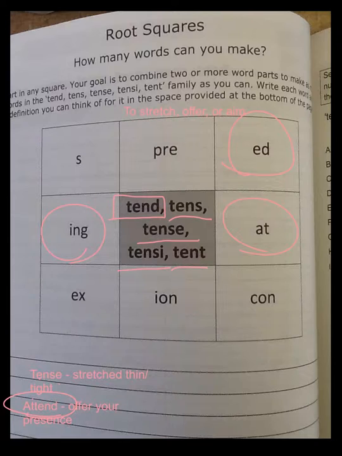Also you can consider some prefixes to add on, okay? How about this word? If you take the word T-E-N-T and then add the prefix before it. Interesting. How can that go along with to stretch, to offer, or to aim?